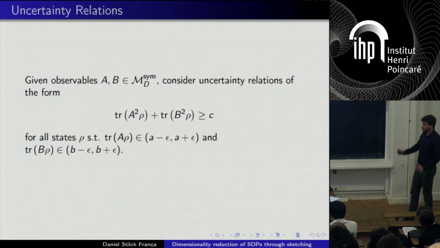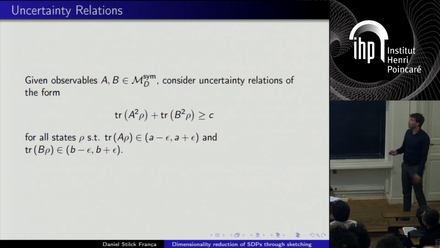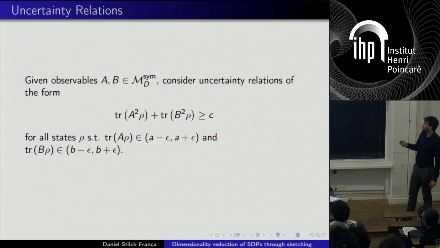We're given two observables, A and B, and we want to look at uncertainty relations of the following form. We want to get lower bounds on the variance of these two observables, and we want this to hold for states whose expectation values with respect to A and B lie in some interval.